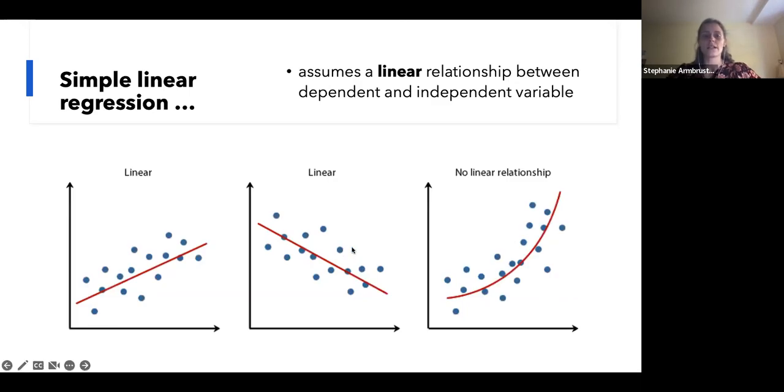So as I said, a simple linear regression assumes a linear relationship between these two variables. And here we have a good example of something that would not be a linear relationship, because we can't just take a ruler and draw a line through it, but it's more a curved line that we need to describe the relationship. And as you can also see from this slide, we always have to deal with error and noise in statistics. We sadly never get a perfect measurement.